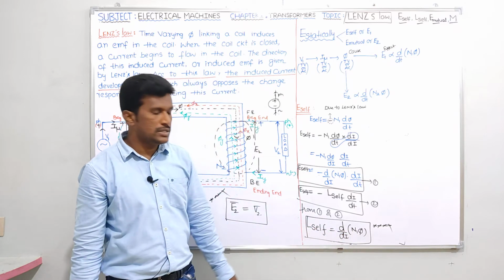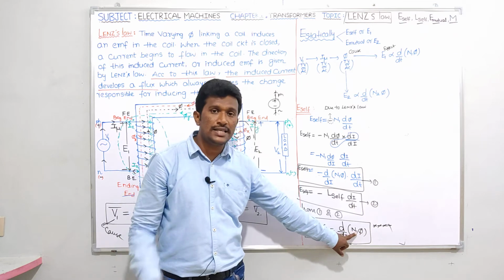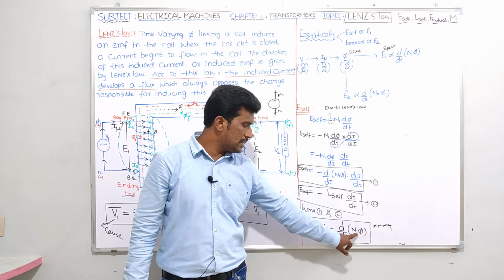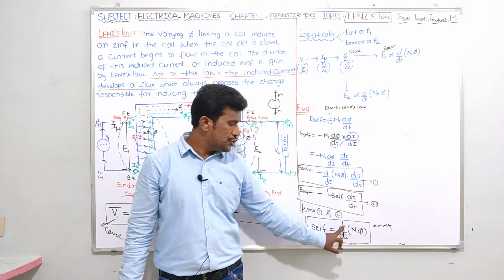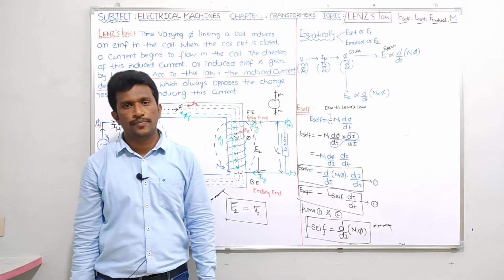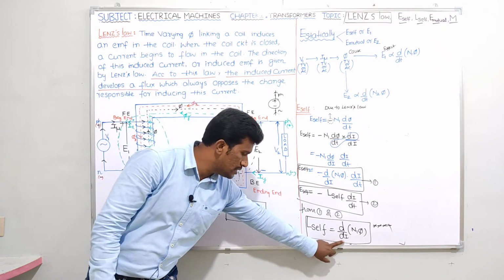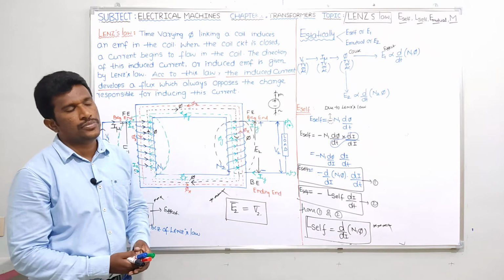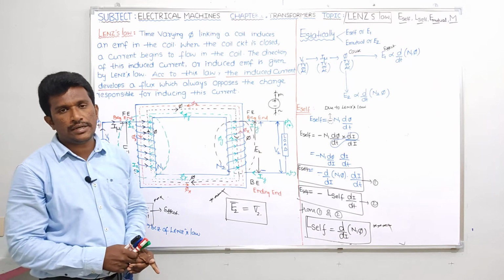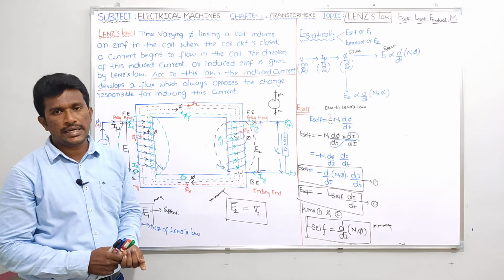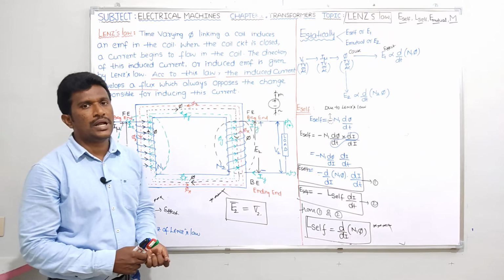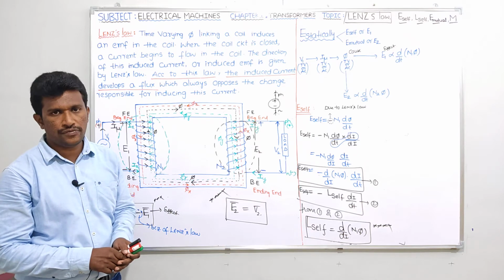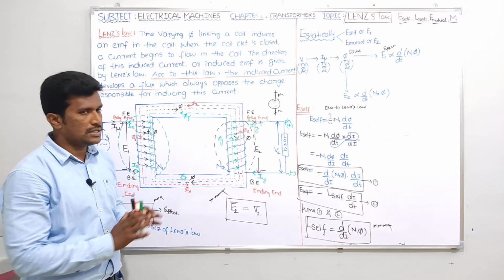So Lself is defined as the rate of change of flux linkage in the primary winding due to time varying current, see the denominator, di is there, no? Due to time varying current flowing in the primary winding itself. Is it clear? That is the definition for self inductance.